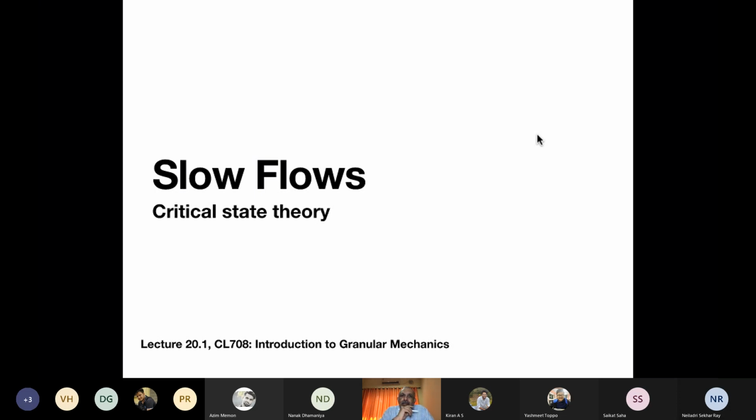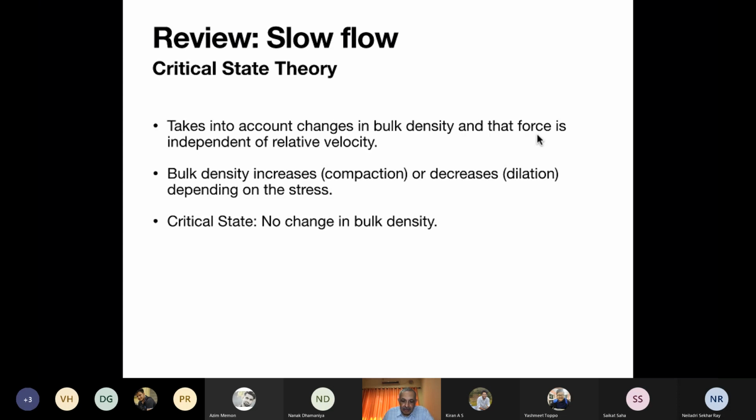But in that theory, the main issue is that density is a constant. Whereas if you look at this critical state theory, it takes into account changes in bulk density. Okay, and also we'll see that it's independent of the relative velocity. So friction forces are taken into account properly.